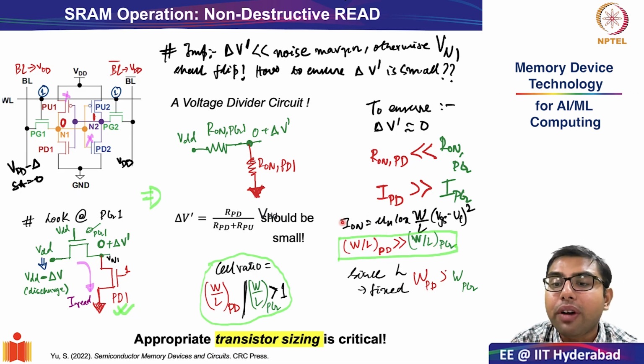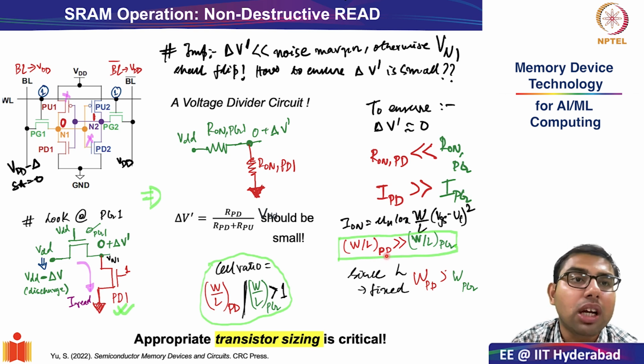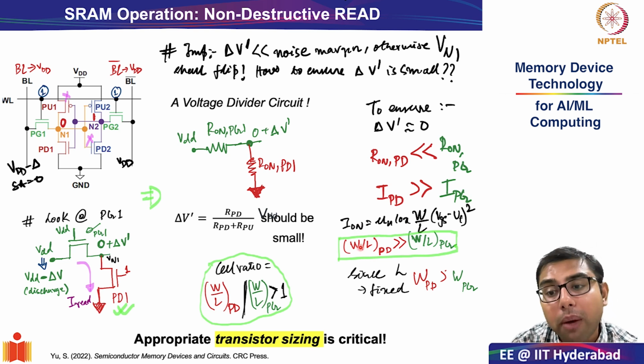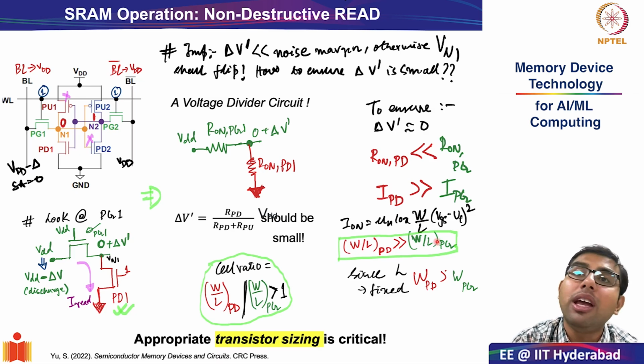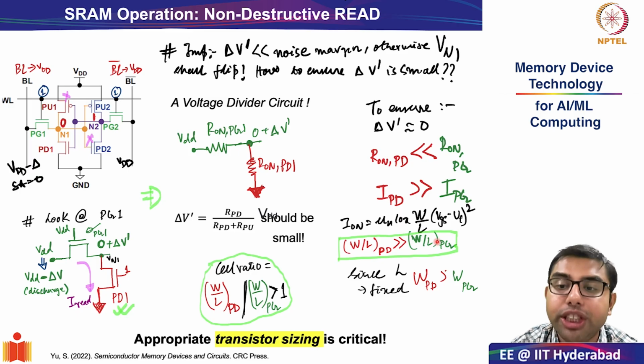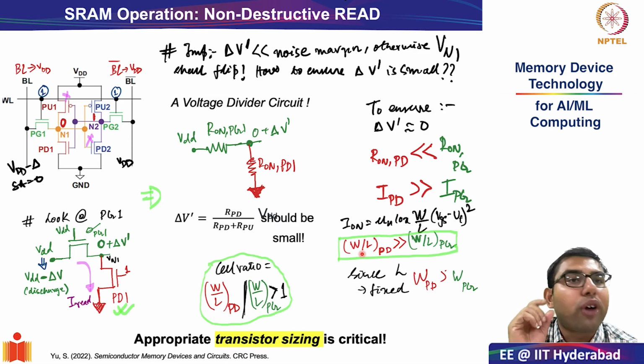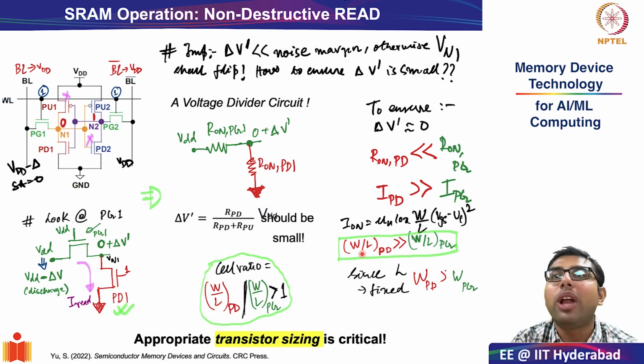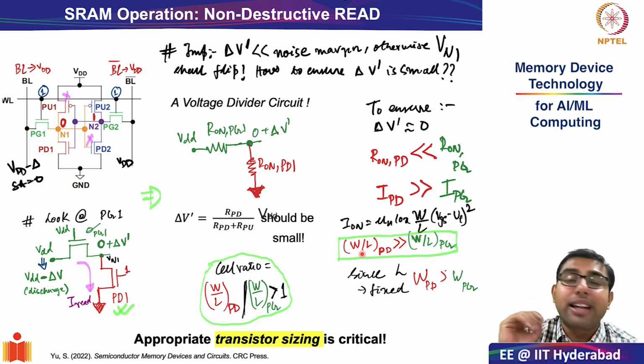Since the drive current of the pull down transistor should be much larger, the W by L ratio of the pull down transistor also should be much greater than the W by L ratio of a pass gate transistor. Now, a practical consideration is, for a particular transistor technology node, generally the channel length of the transistors is fixed, right? That's why we say it's the 45 nanometer node or the 22 nanometer node or the 10 nanometer node.